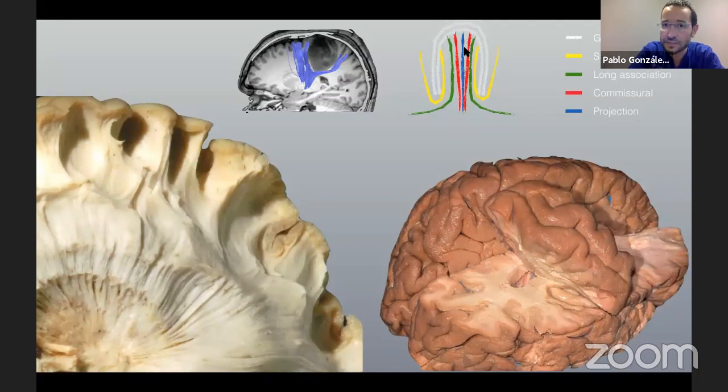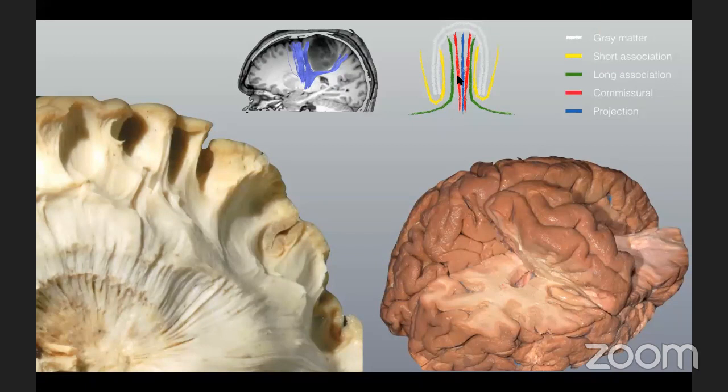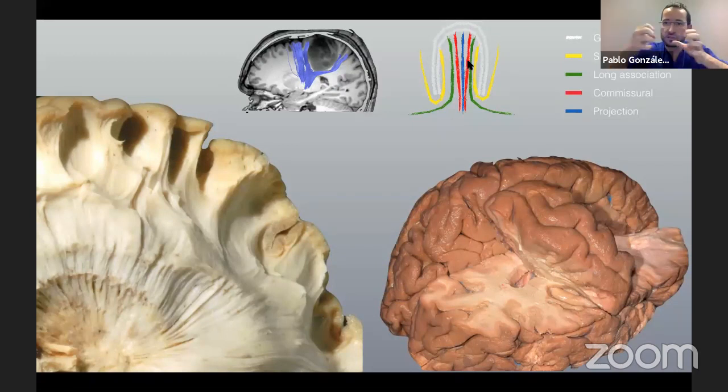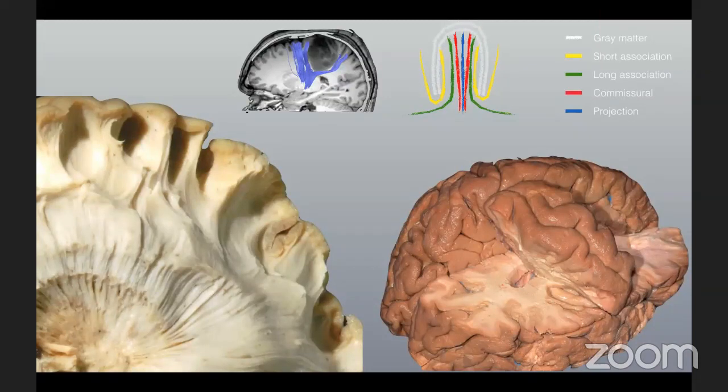And in the center of the gyrus, we have mainly commissural and projection fibers. So this tumor was pushing these commissural and projection fibers anteriorly and posteriorly. So we do have the corticospinal tract anteriorly and the thalamocortical projections to the somatosensory area posteriorly. So this is how the tumors are behaving in the first area.